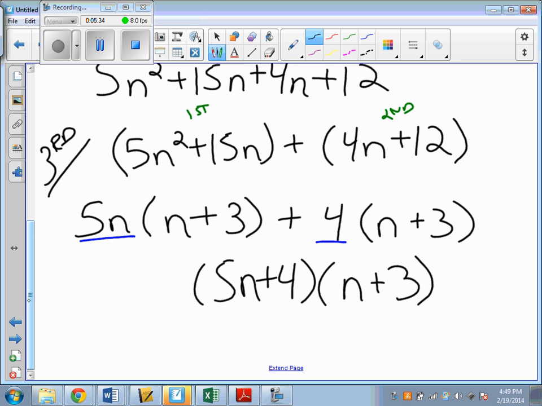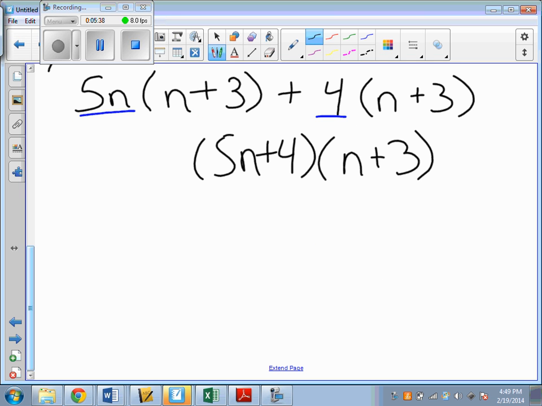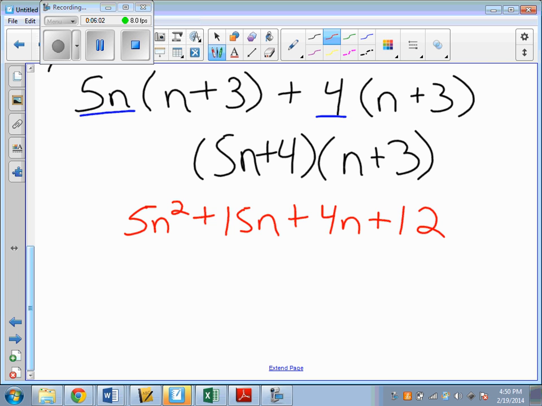If you'd like, you can always check your answer to see if this is correct by using FOIL. If we use FOIL, multiplying our first terms, we get 5n squared, plus our outside terms, 5n times 3, so 15n, plus our inside terms, 4 times n is 4n, plus our last terms, we get 12.